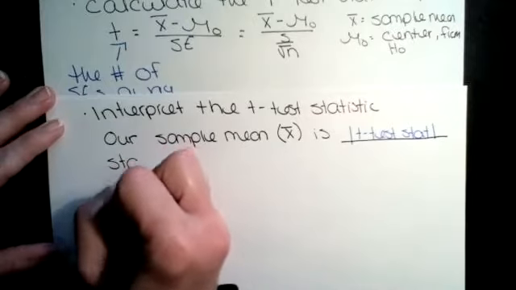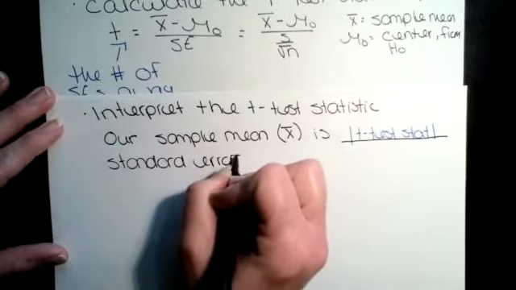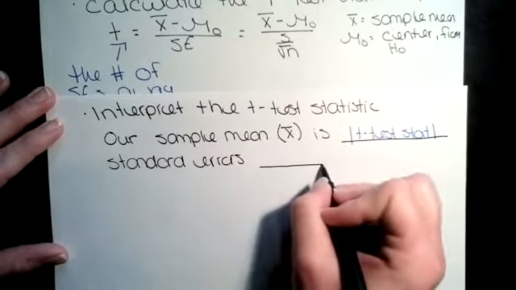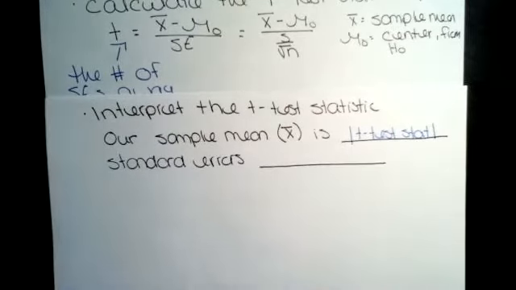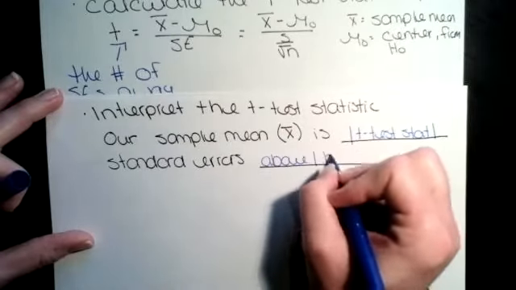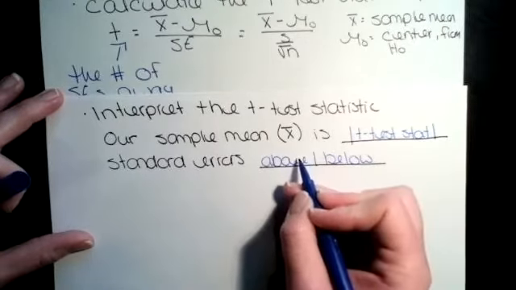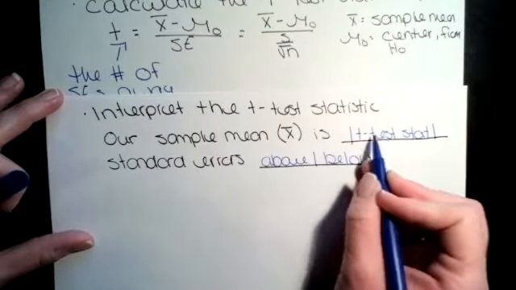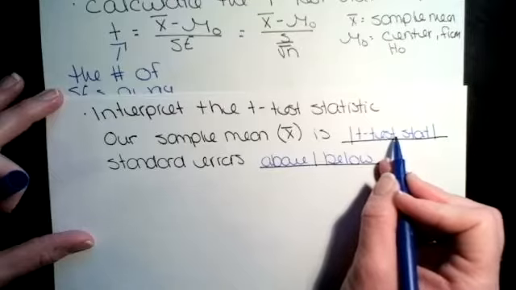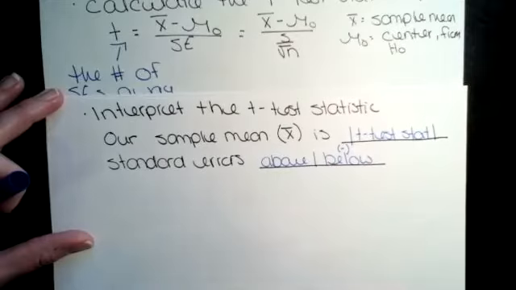And so that many standard errors above or below. Now this is why I'm using the absolute value up here, because here I'm going to address above or below. So if my test statistic by itself is negative, then it means it's below my center, right?